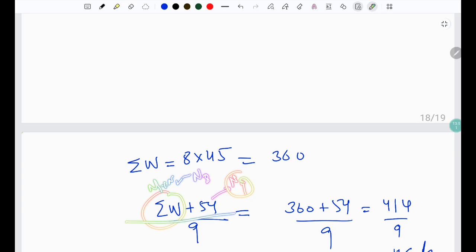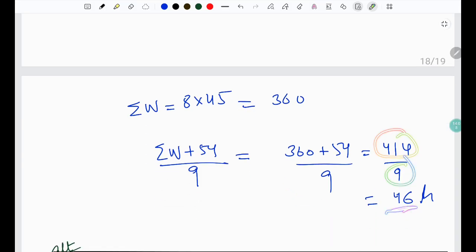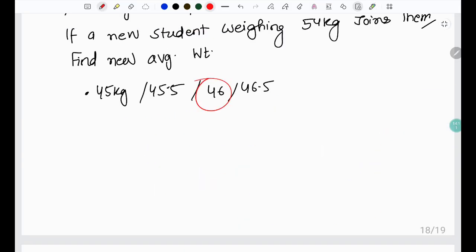The whole average of the new sample will be over 9, and this will be equal to 360, our previous summation of 8 students, plus the new weight 54, divided by 9, which is 414 by 9, and that comes out to be 46. That is the new average. So the correct answer is 46.